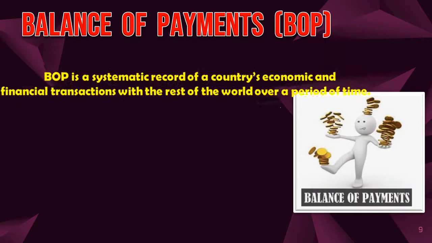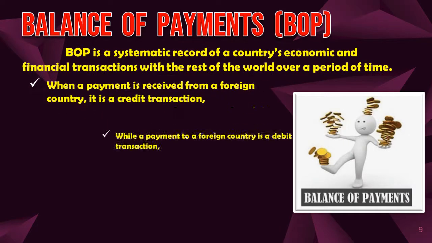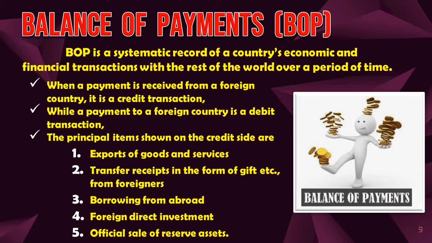Next concept, balance of payment. Previously we have seen what we mean by balance of trade. Now let us see what we mean by balance of payments. Balance of payment is a systematic record of a country's economic and financial transactions with the rest of the world over a period of time, maybe 1 year.